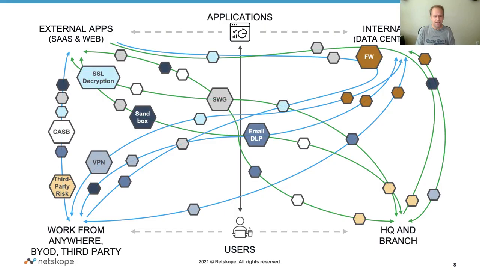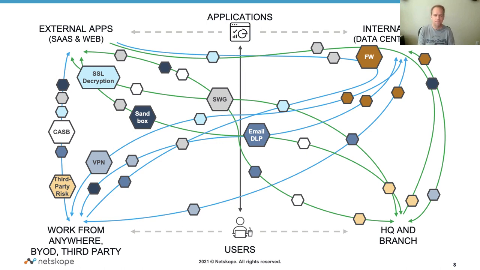So if you think about it, what's happened now organically over the past several years, organizations have deployed point solutions and point products to try to solve these different problems. Put a VPN here to provide remote access to private app resources or network resources.